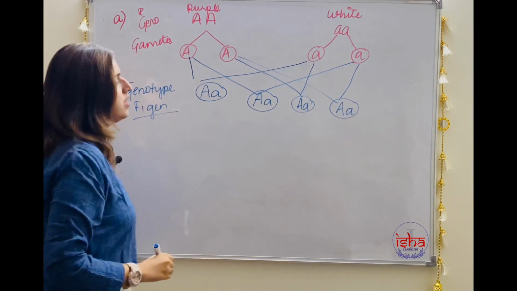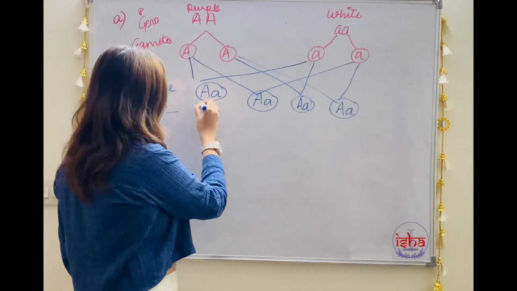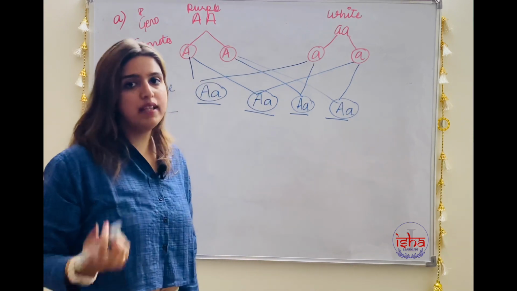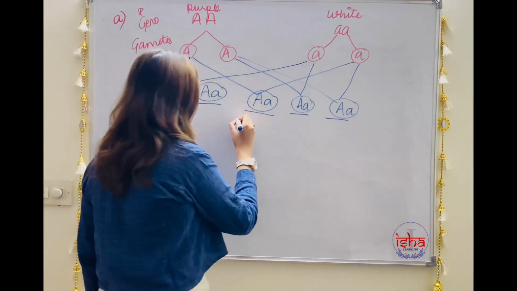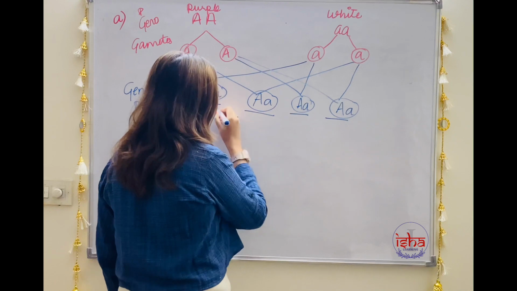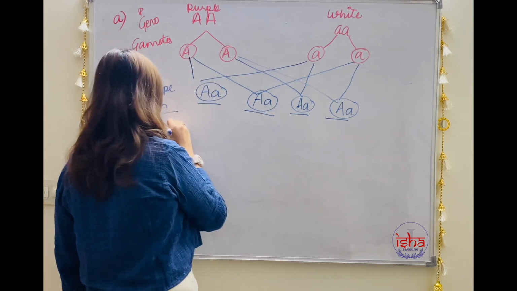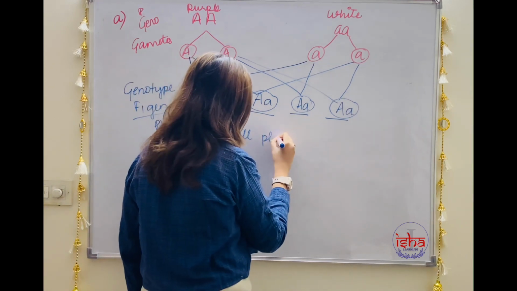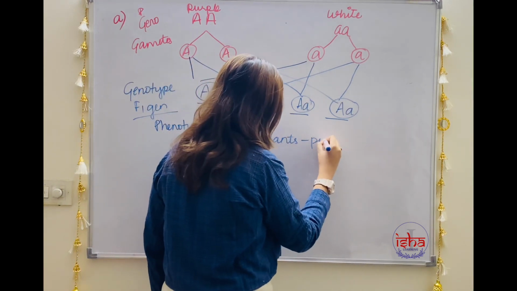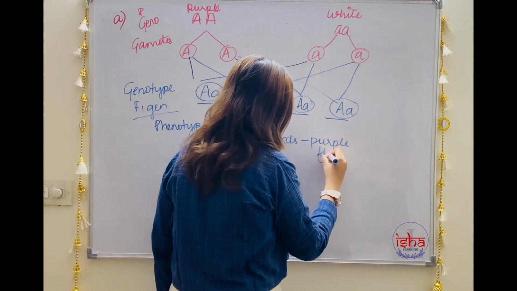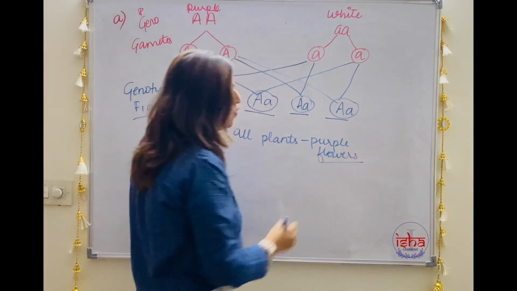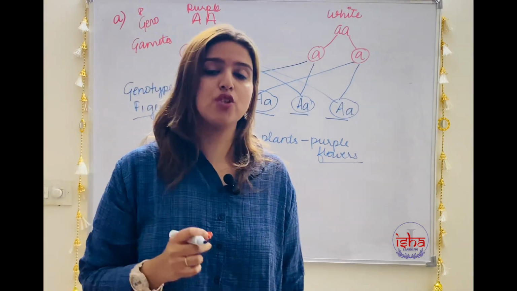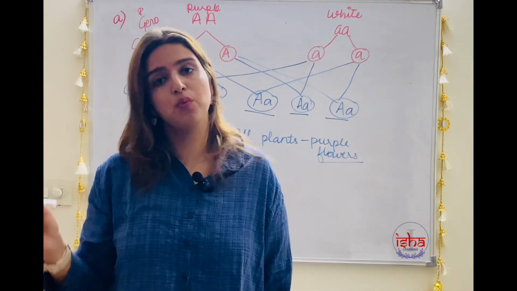The F1 generation has all flowers having a dominant allele. All are going to show the dominant character, that in this case is the purple flower color. So the genotype is this. The phenotype is going to be all plants with purple flowers. So it's going to be 100% purple flower, or the genotypic ratio is also going to be 1:1:1:1.